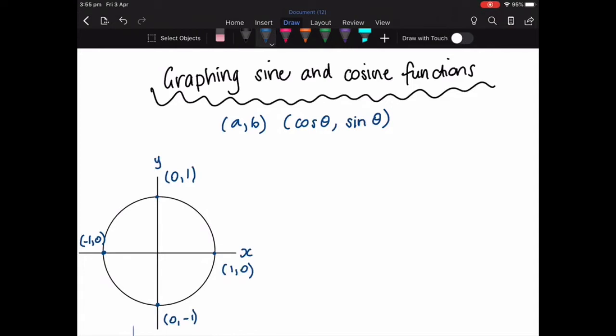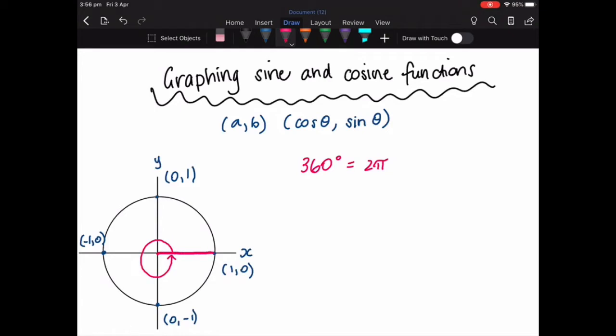So, okay, now let's refresh our memory on radians. So we know that 360 degrees is equal to 2 pi radians. We also know that when we are finding a positive angle, it moves anti-clockwise around from this point here.